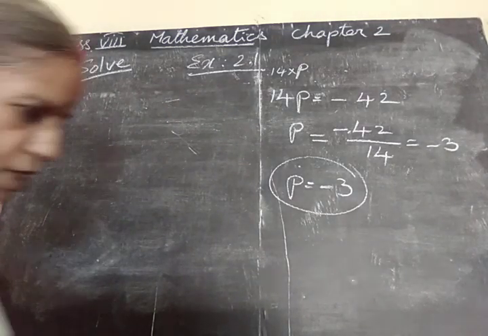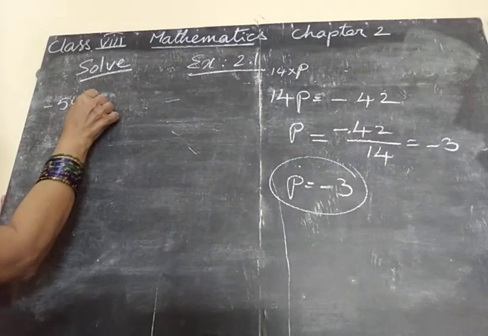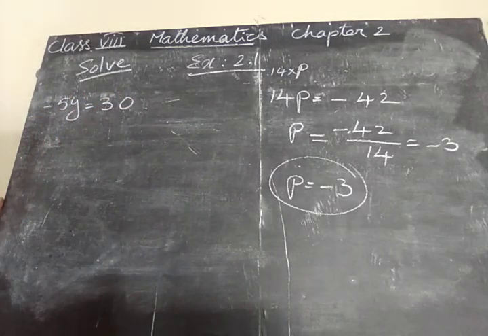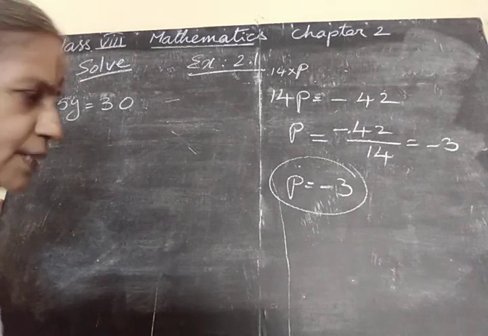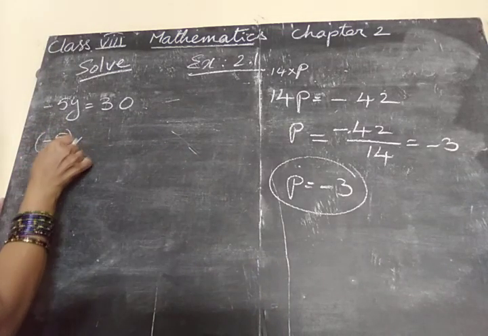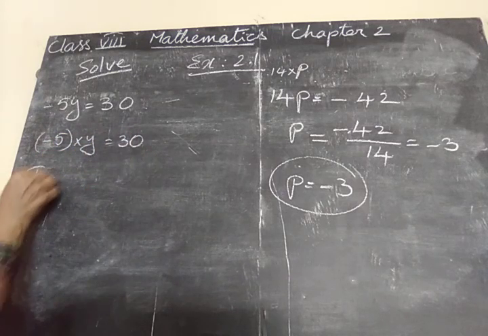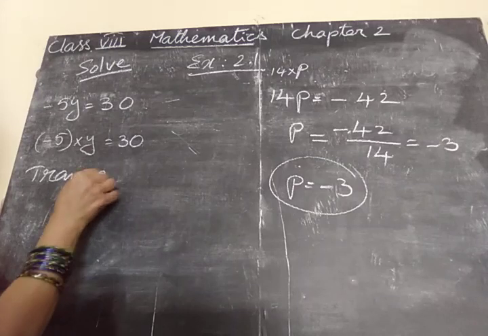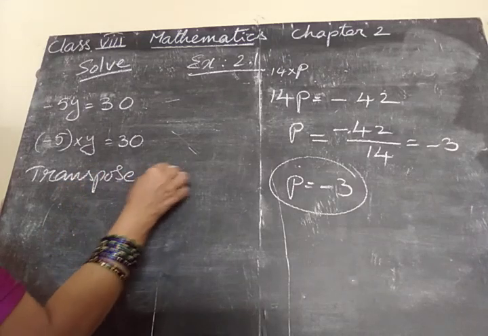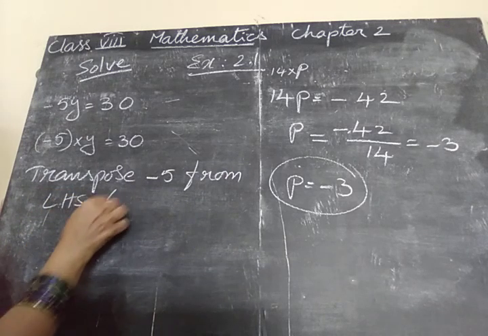Now minus 5y is equal to 30. See, minus 5y means minus 5 into y is equal to 30. So transpose minus 5 from LHS to RHS.